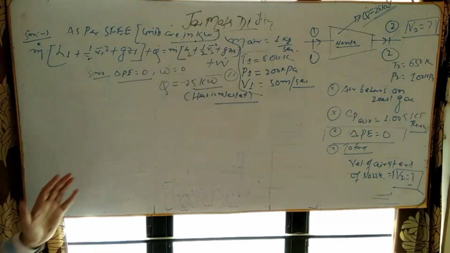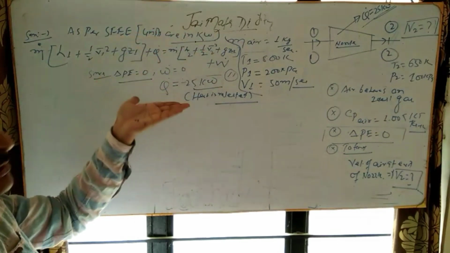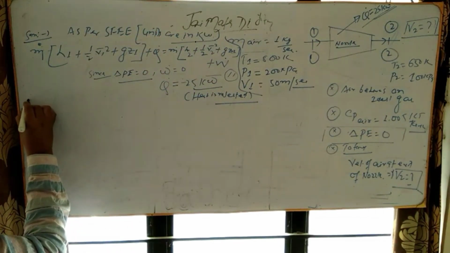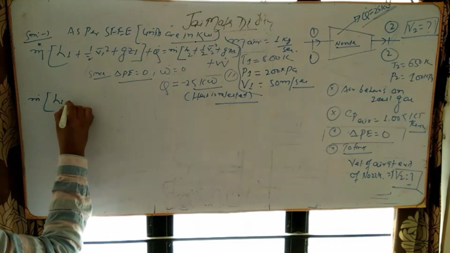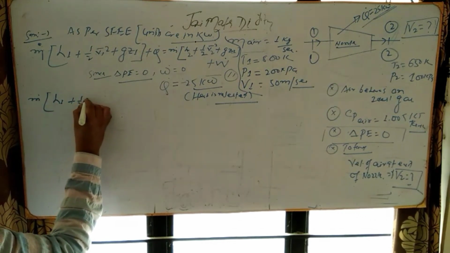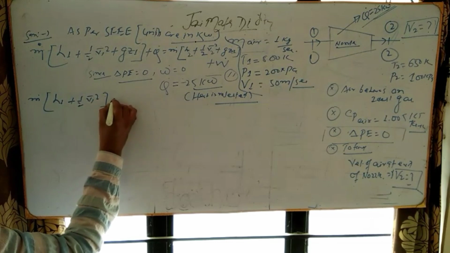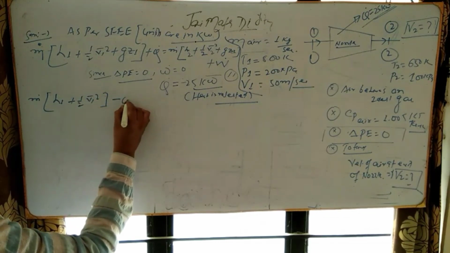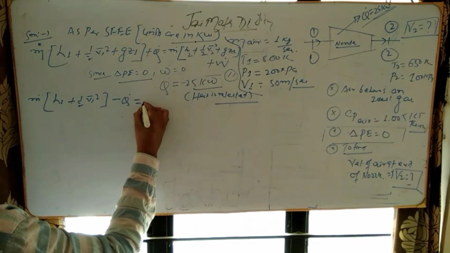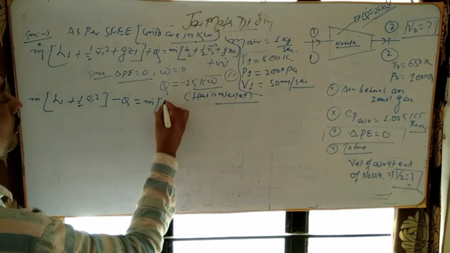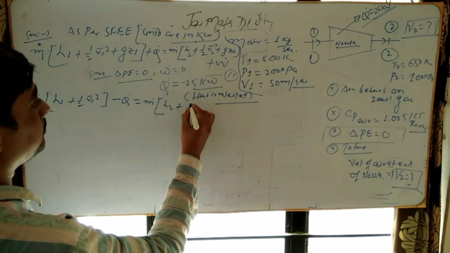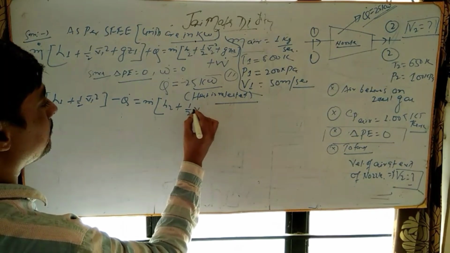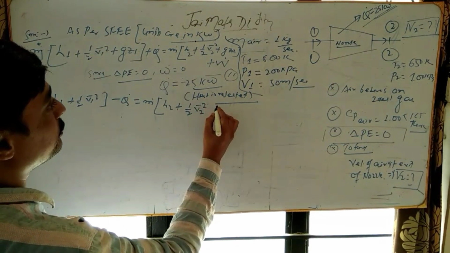So by carrying out these assumptions, the equation reduces to m dot (h1 plus half v1 square) minus q dot is equal to m dot (h2 plus half v2 square).